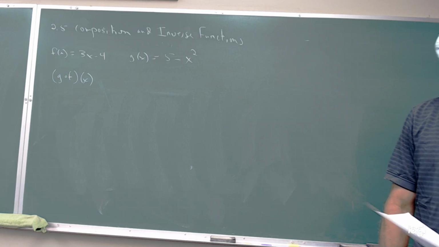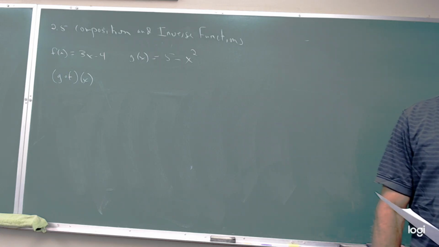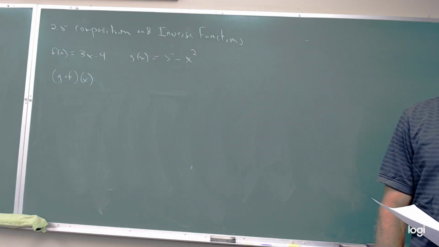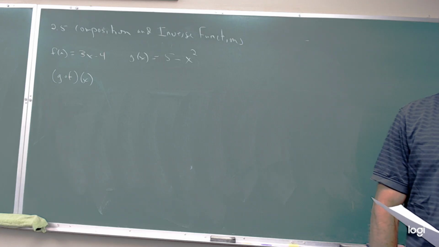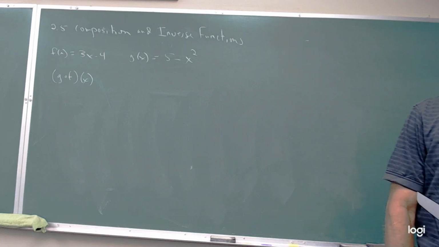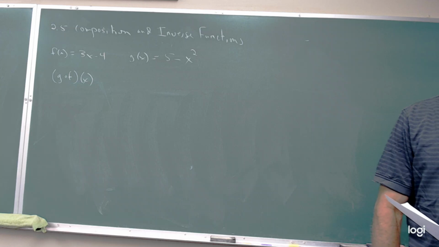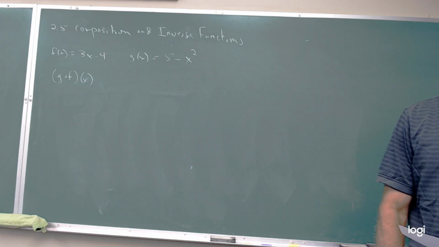When you plug it in there for x squared, you're going to have to either multiply that out and then distribute the negative sign using the right order of operations, or if you remember our shortcut, first one squared, twice the product, plus the second one squared, you can use that here as well.